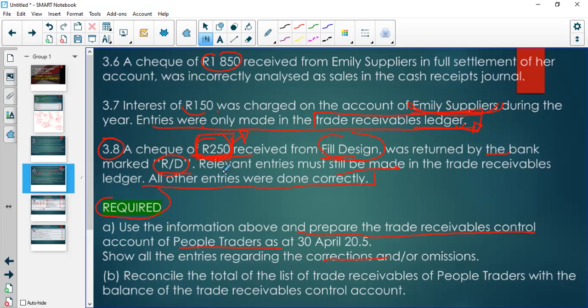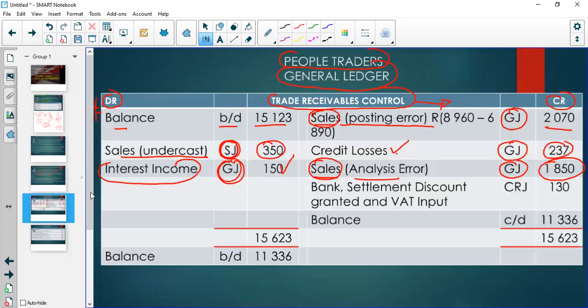They say relevant entries must still be made in the trade receivables ledger. So it's telling us that we don't have to make an entry in the trade receivables control. If we were going to make an entry in the trade receivables control where we reverse a debtor's payment, we would reinstate the indebtedness. So we would say here bank, settlement discount granted and VAT.